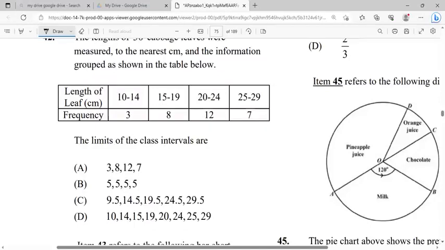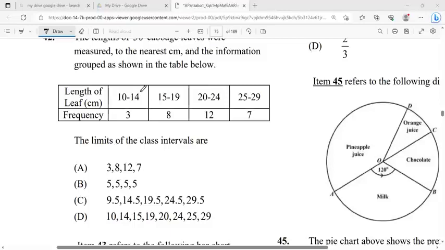So 4. Remember that. All right. So it's the difference between the upper and the lower class limit.